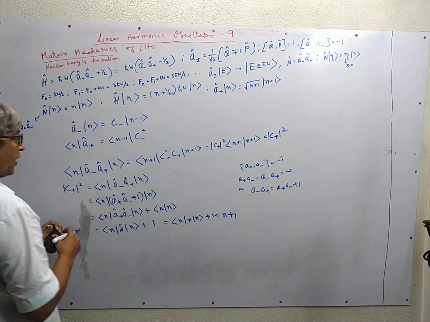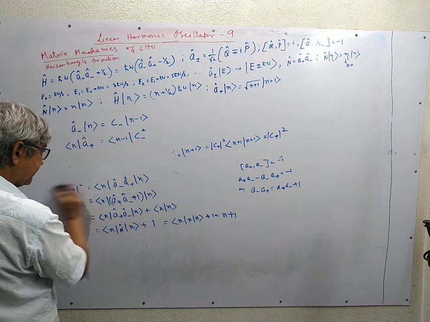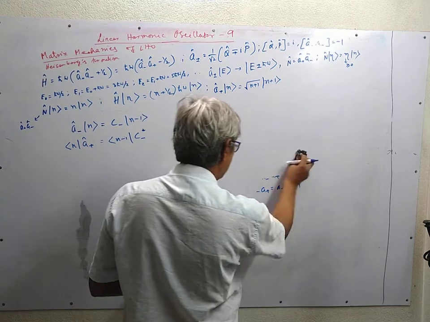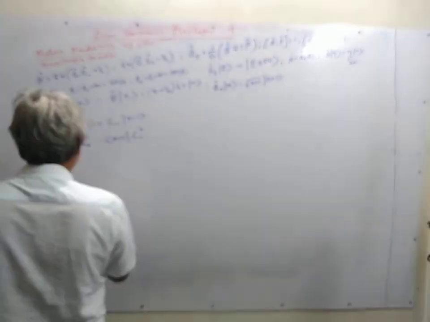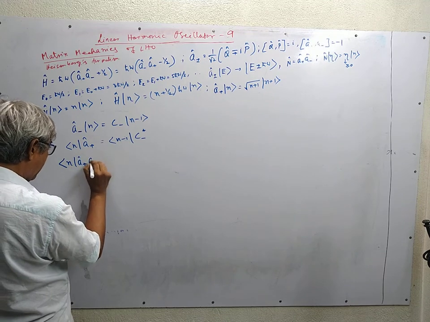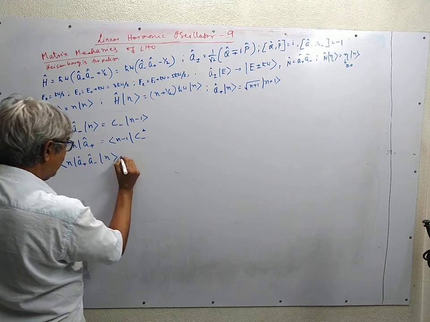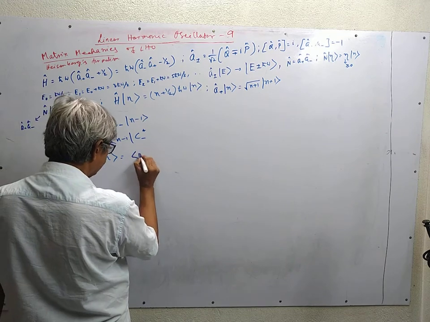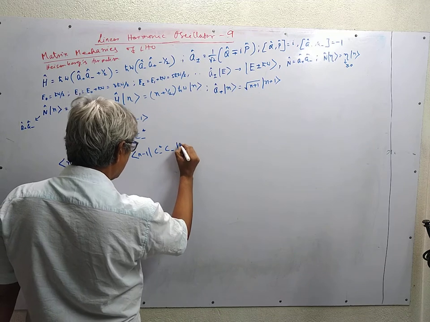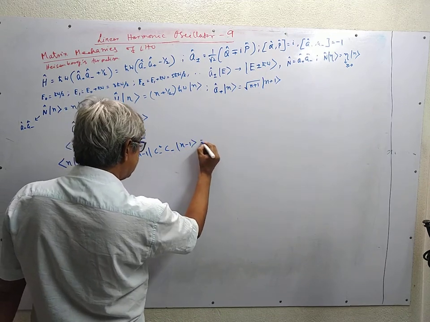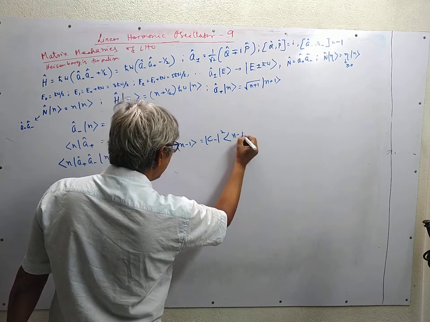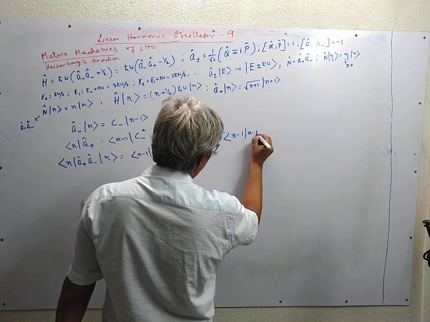If we take the inner product of these two relations, we get n A plus A minus n, which is simply C minus star n minus 1 n minus 1.